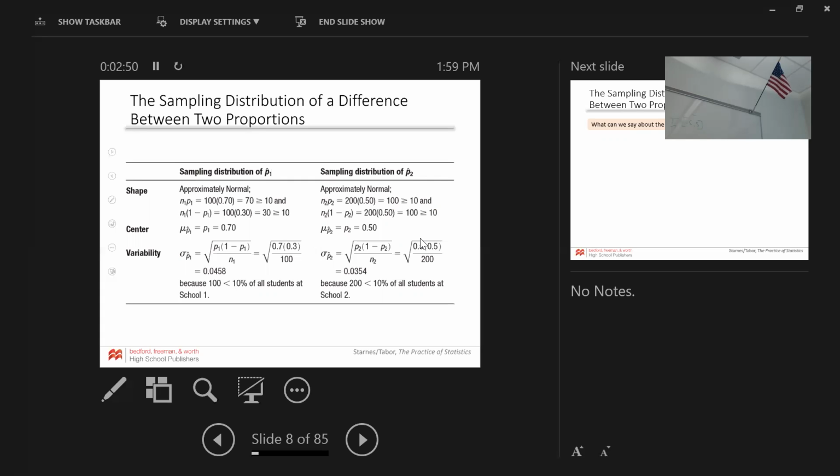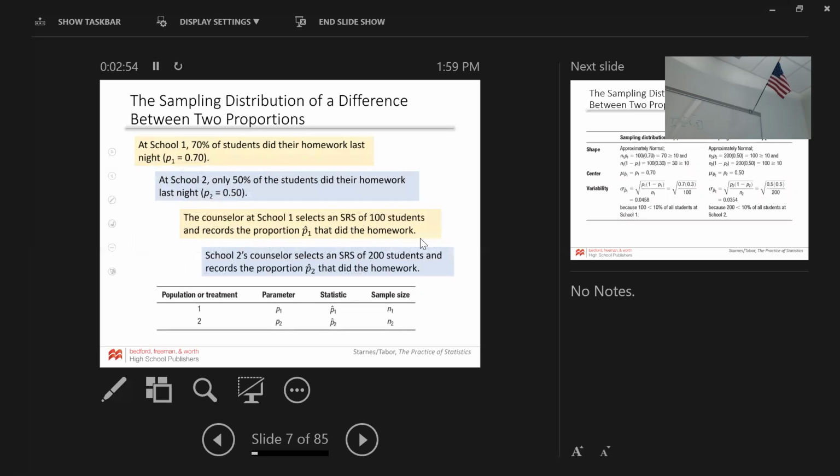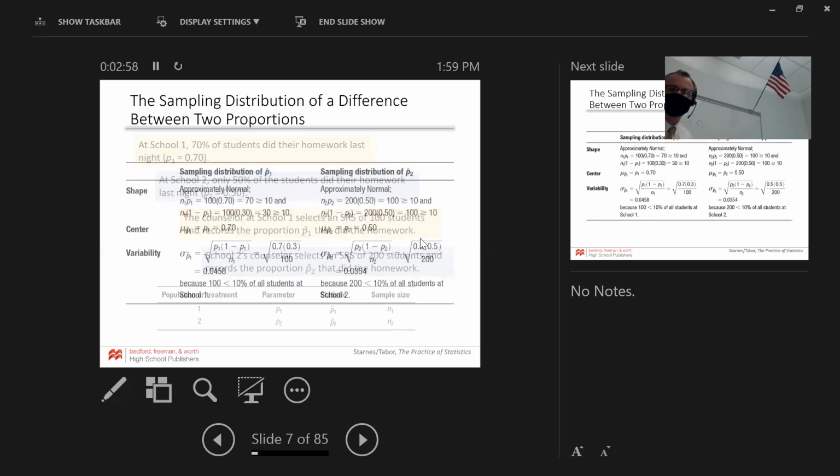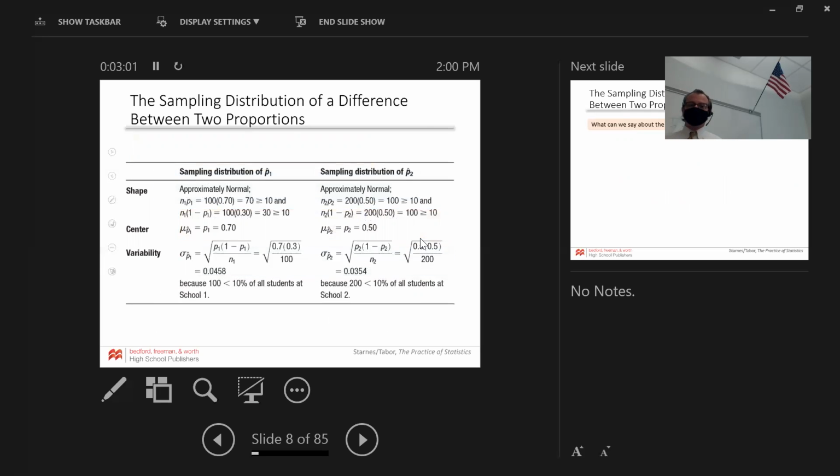Then we go to the other one. 200 times 50% is greater than 10. And the step would be about 3.5%. And we're assuming there are more than 2,000 kids in school two, or we wouldn't have taken that big a sample.